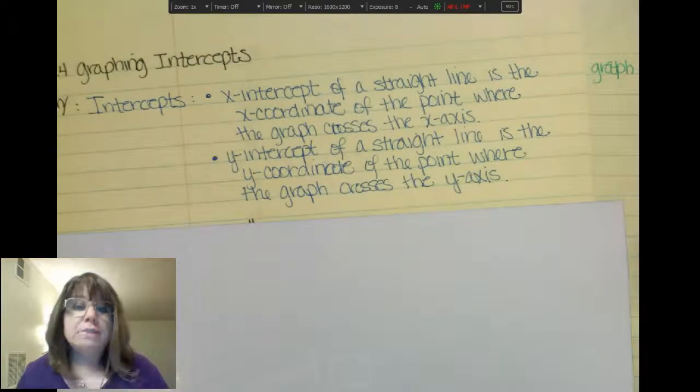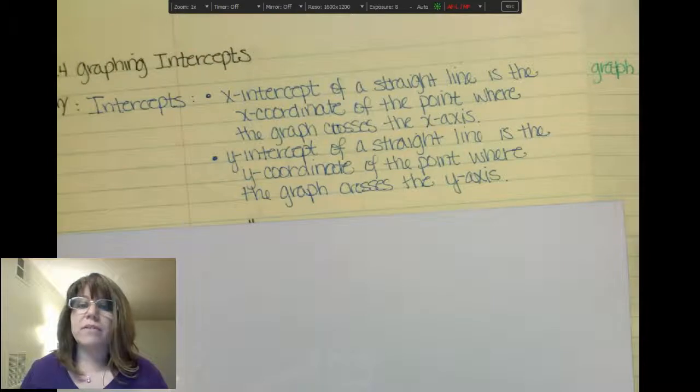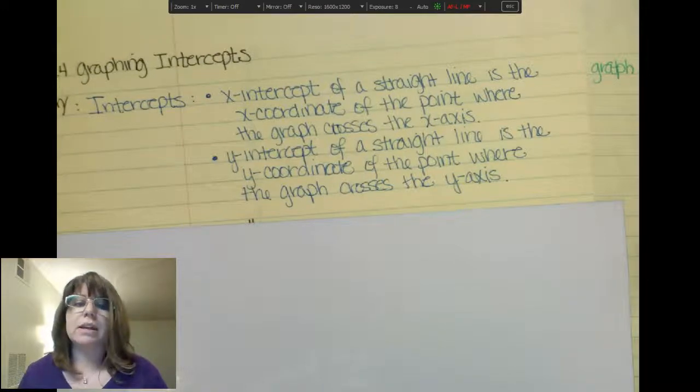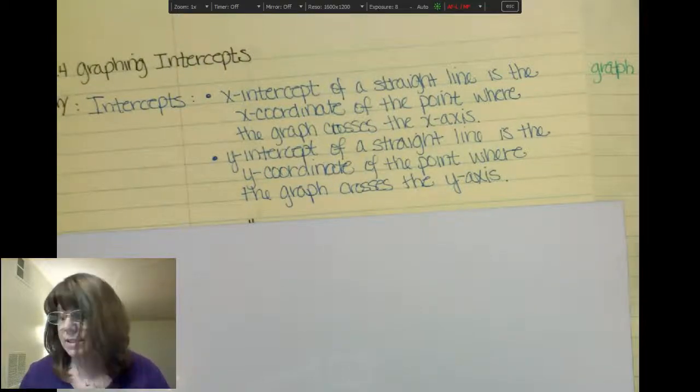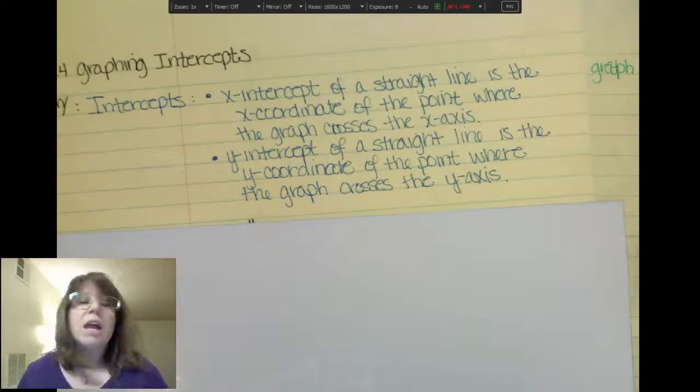So what an intercept is: the x-intercept of a straight line is the x-coordinate of the point where the graph crosses the x-axis.